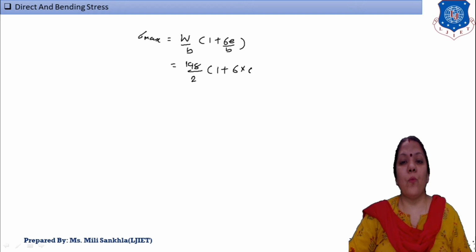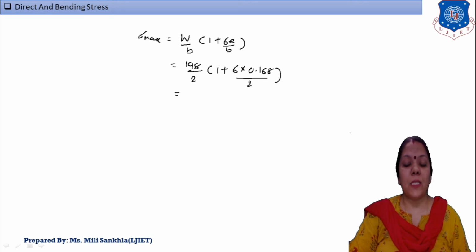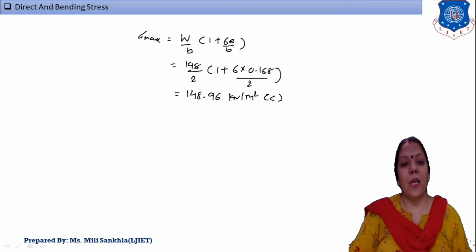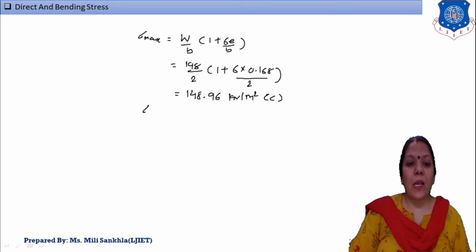E is equal to 0.168 divided by B, which is 2. Now my answer of sigma max is equal to 148.96 kilonewton per meter square, and this answer is positive, so here we write compressive force. Now next, sigma minimum.